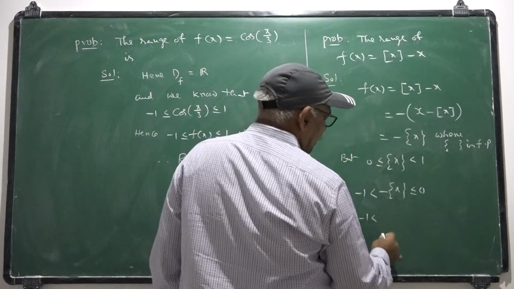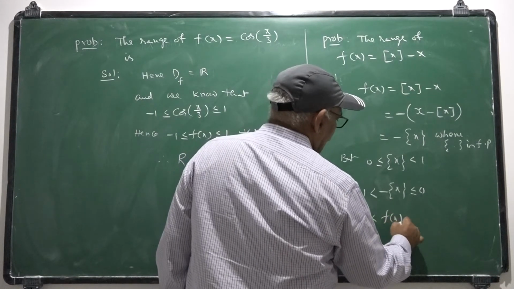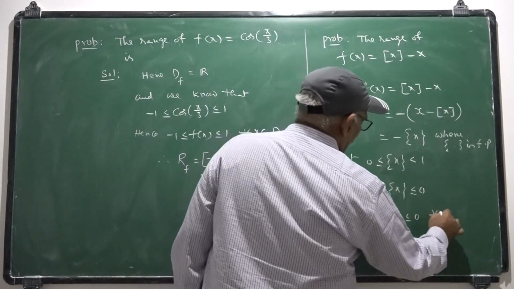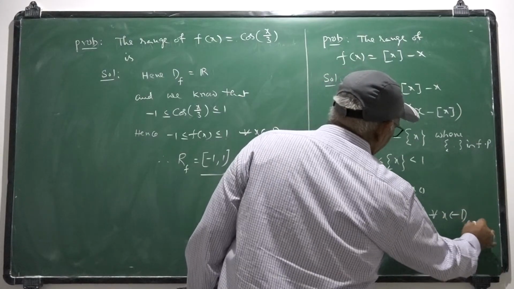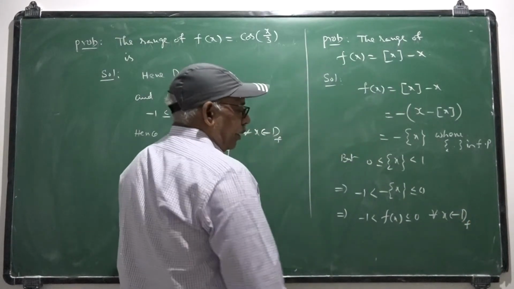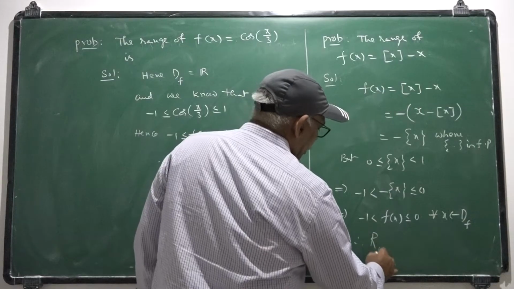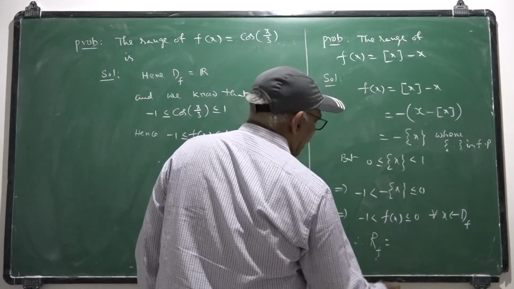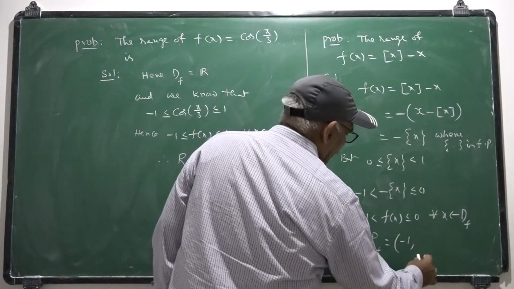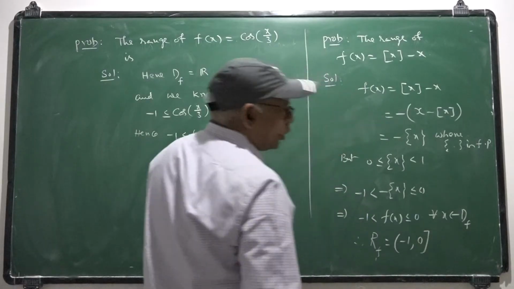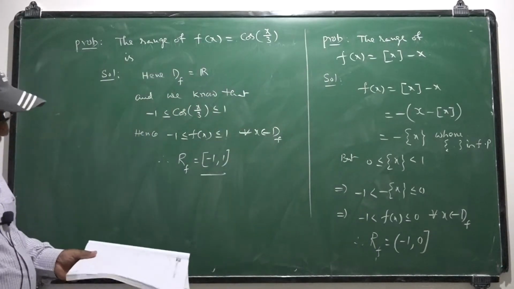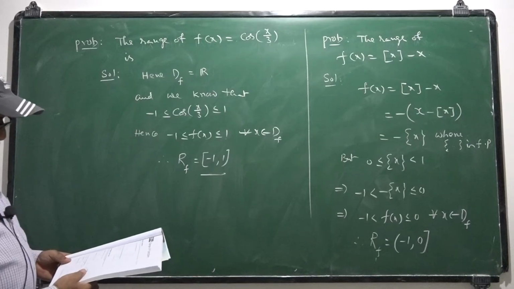Hence, -1 is less than f(x) is less than or equal to 0 for all x that belongs to the domain of the function. Therefore, the range of the function is the interval (-1, 0], open at -1, closed at 0.